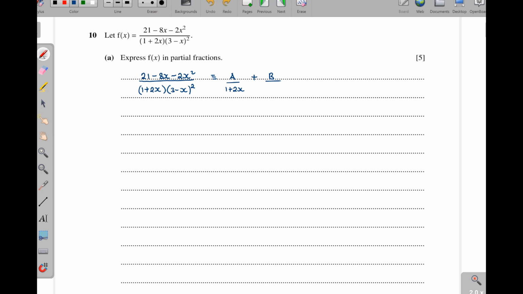We take this 3 minus x when it is not squared, then c out of this 3 minus x, then squared. It's just like you can have 1 out of 2, then plus 1 out of 4. When you are finding the LCM here, you're going to use a 4. But remember that this one here is the same as 1 out of 2, then plus 1 out of 2 squared. Not so? Just like here.